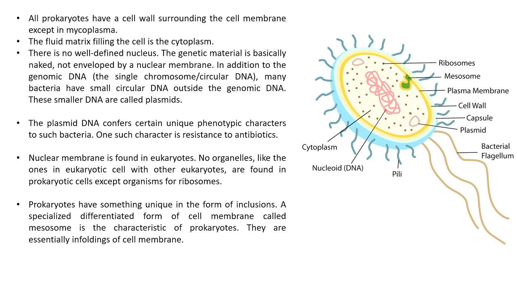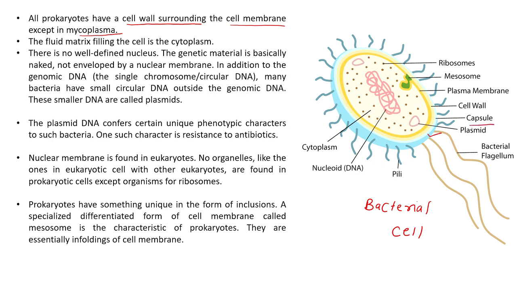Now we will study more about the prokaryotic cell. In a prokaryotic cell there is a cell wall which surrounds the cell membrane, except in mycoplasma. So this is a figure of a bacterial cell. In the bacterial cell you can see this blue colored outer layer, which is called the capsule.